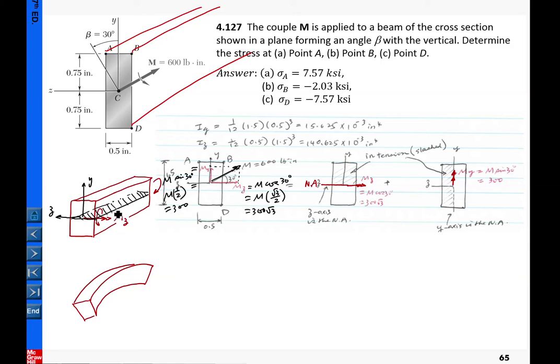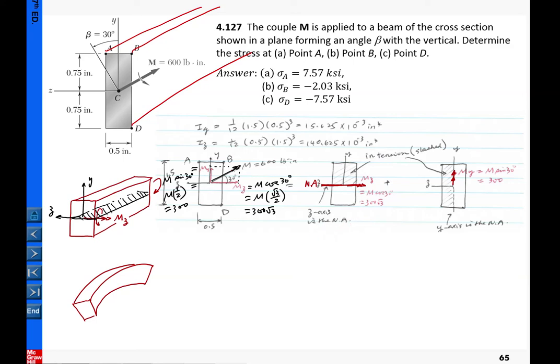If you are still not clear why the neutral surface is like this, you need to go back to the previous section, from the very beginning of this chapter, to learn how the neutral surface is defined. The intersection of the neutral surface with our cross section is the neutral axis. So we identify this as the neutral axis for this subsystem.